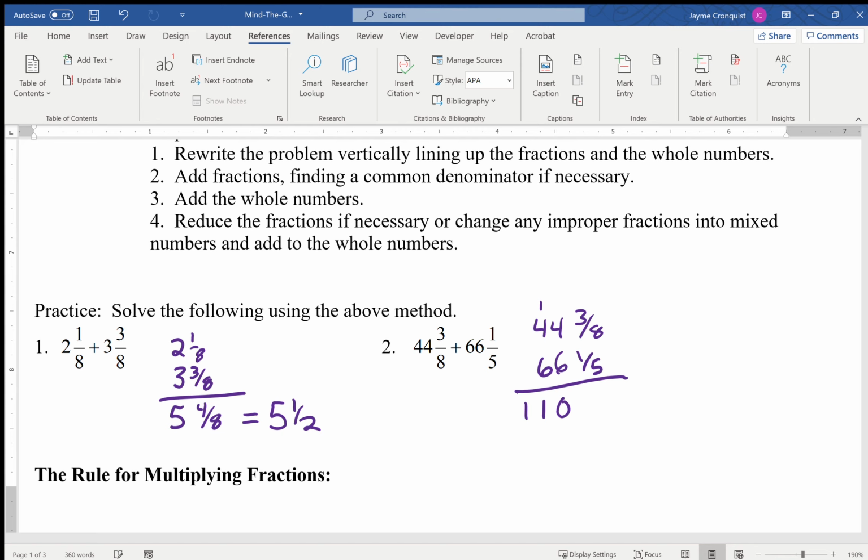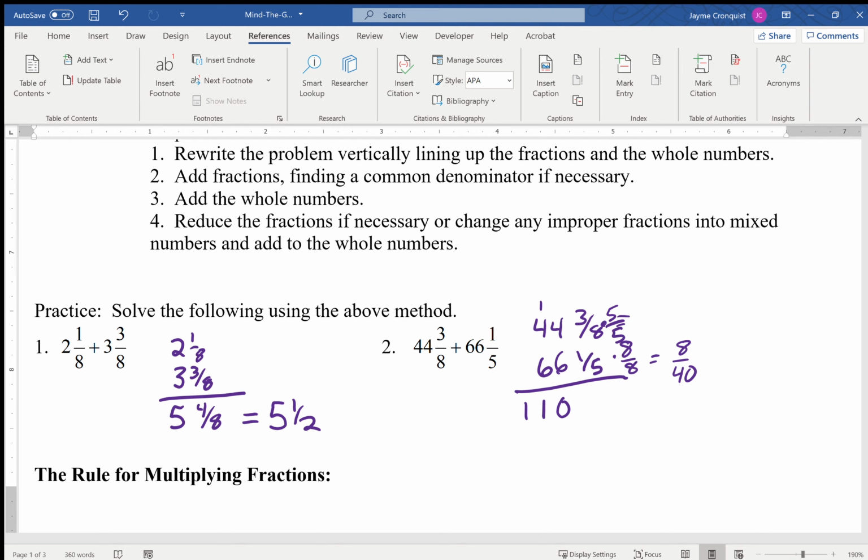I'm going to have 110 plus whatever the sum of the fractions is. So to do that, I need 40. So this becomes 8 over 40. And this one, I multiply 5 by 5 over 5.